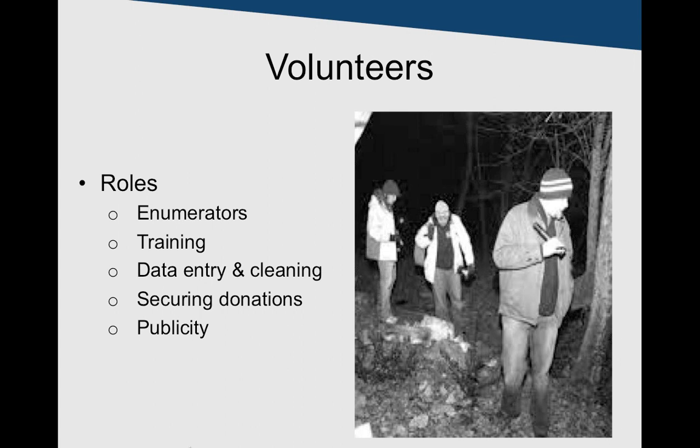Others can assist with ensuring that enumerator surveys are clear and correctly completed, perform data checks, make sure there's no deduplication of persons, verify count numbers from HMIS with providers, and enter data into HMIS.